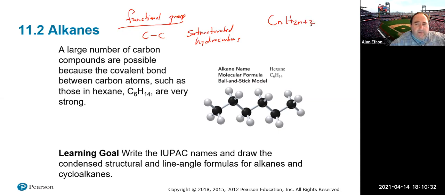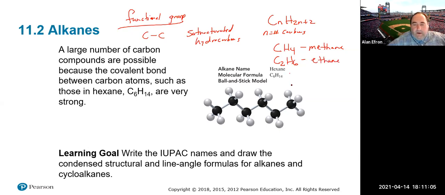CnH2n+2. So what does that mean? n is the number of carbons. So if I have 1 carbon, 2 times 1 is 2 plus 2 means I should have 4 hydrogens, and that was what we saw earlier. That is our organic guy known as methane. If I have 2 carbons, n would equal 2. 2 times 2 is 4 plus 2 is 6, which would mean I would have 6 hydrogens, which would be ethane.